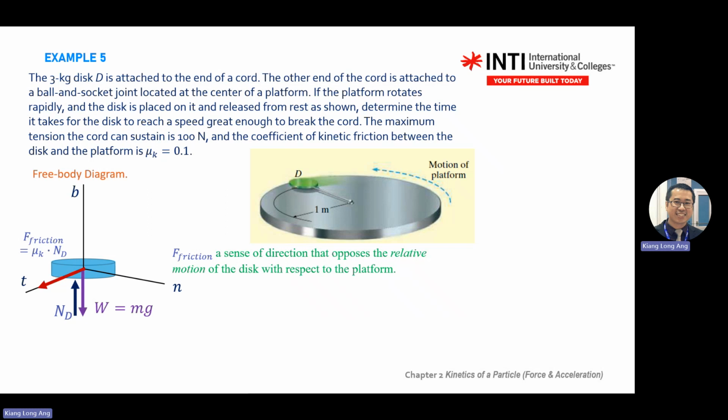Okay, so it depends on where you see the object or what your focus is. If you look at the platform, then friction goes this way. If you look at the green object, then it goes another way. Because it needs to balance the force between the platform and the green object. That's why you see the friction is towards the tangent direction and not against the tangent direction.